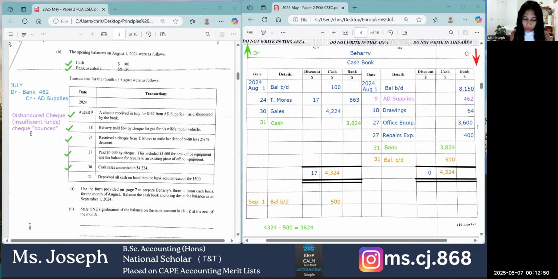I don't have that on the screen right now. So I'm saying 8150 plus 462 plus 64 plus 3600 plus 400 is equal to 12,676. So this is going to be the total on both sides to balance it off.